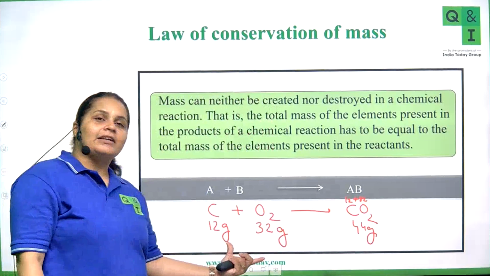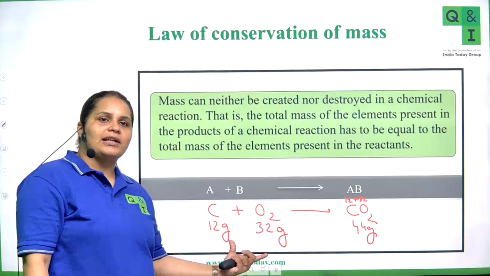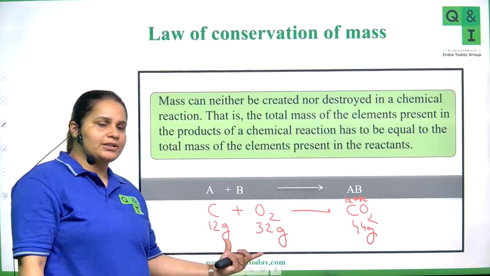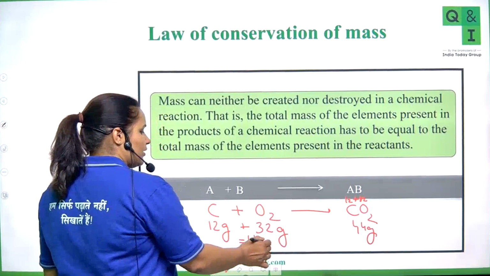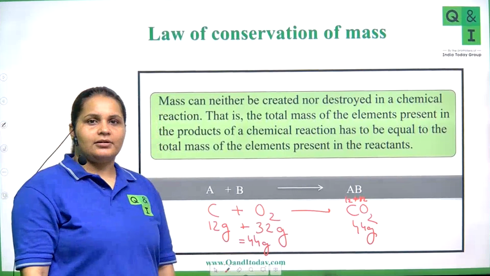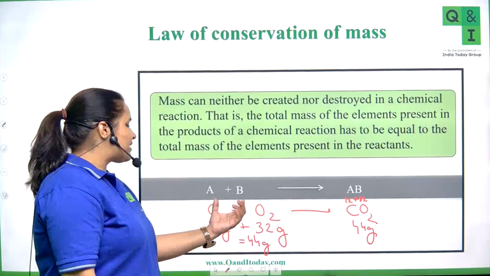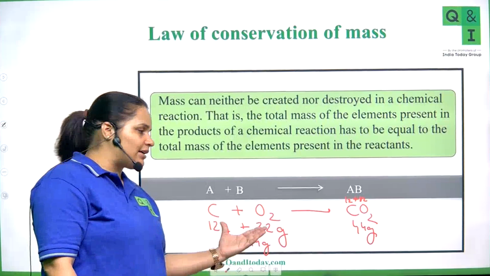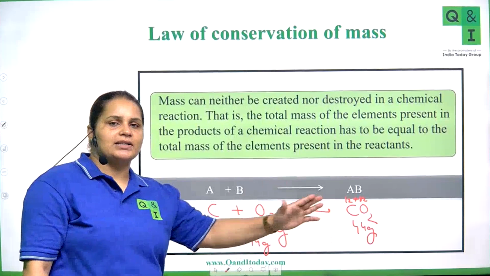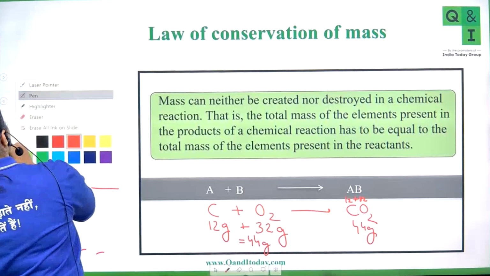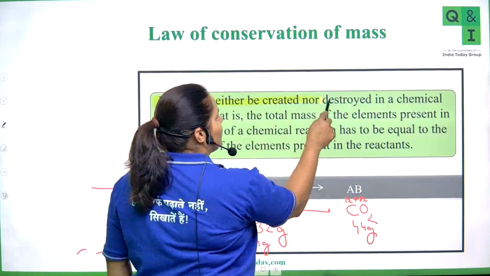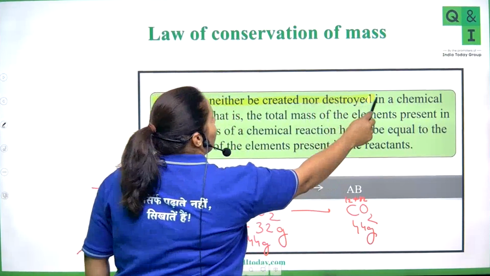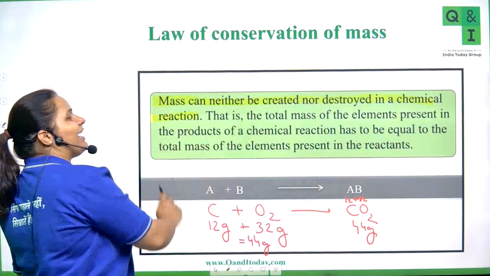So if I add the masses of carbon and oxygen gas, the total sum is 44 only. So the sum of the masses of the reactants is equal to the sum of the masses of the products. That is the law of conservation of mass, that mass can neither be created nor destroyed in a chemical reaction.